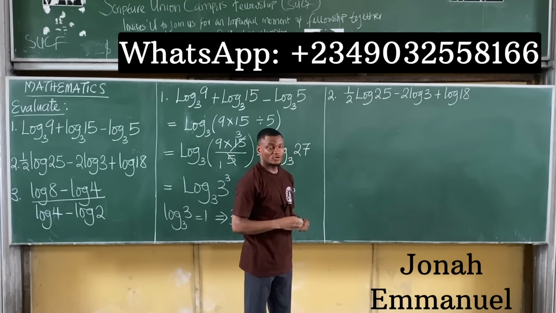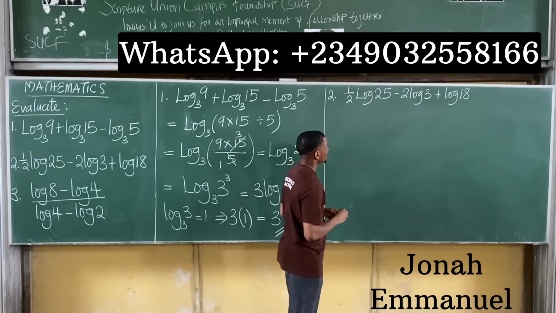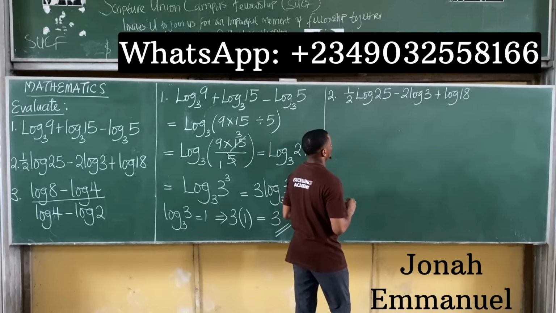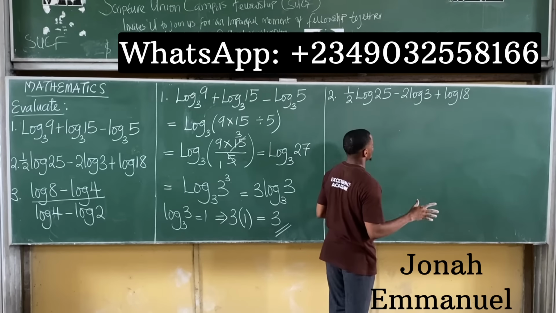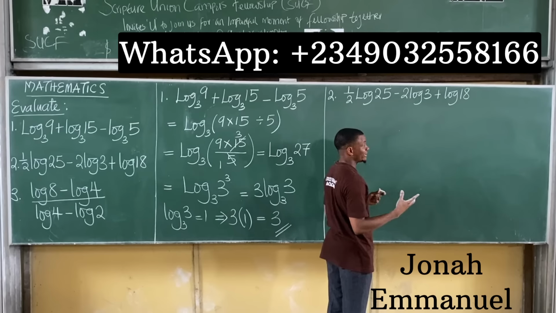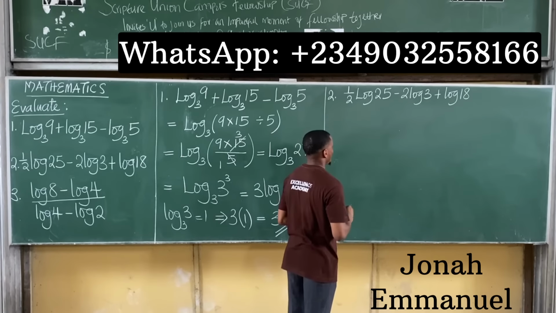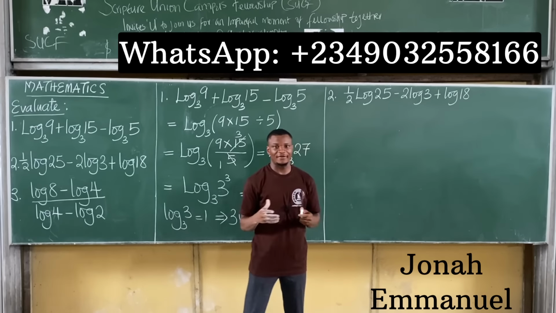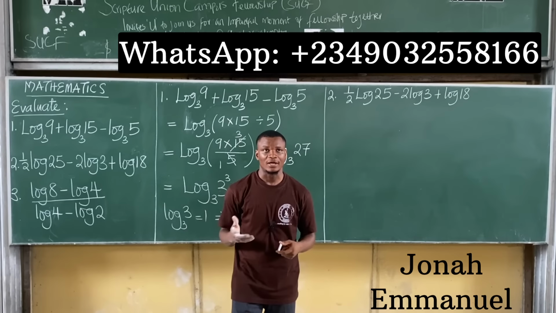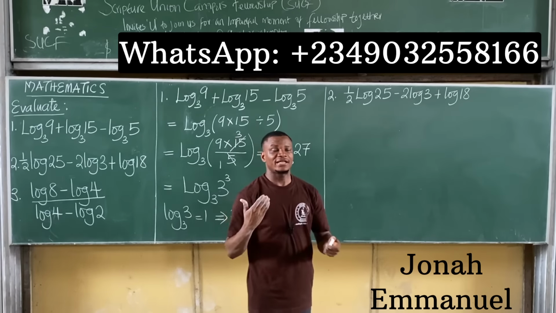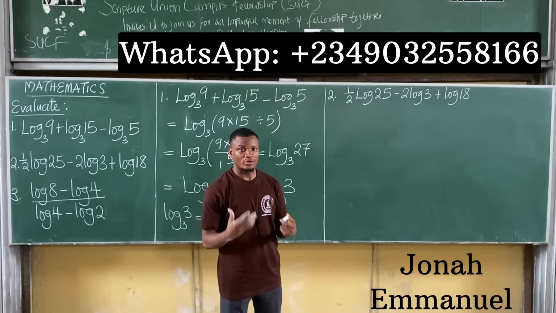Having said that, let's look at this here. We've noted that the base here is base 10. Our next task: in a case where you have subtraction and addition, my advice would be to take the addition first before subtraction.